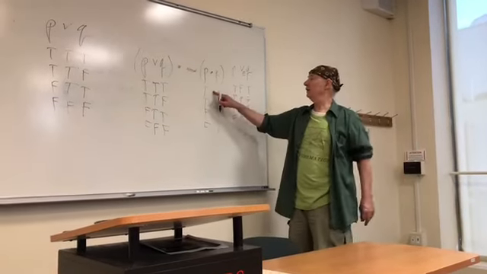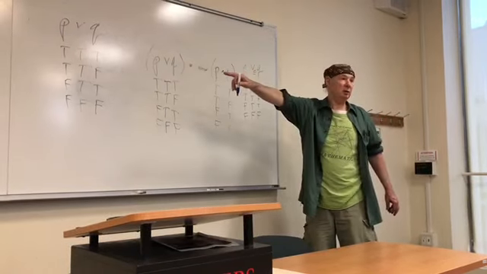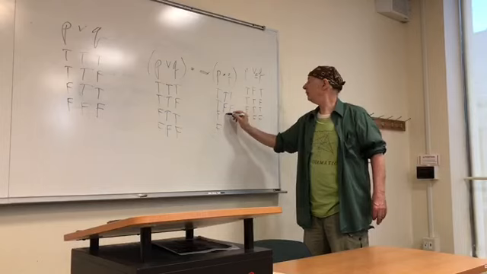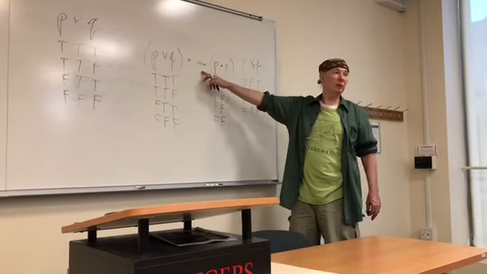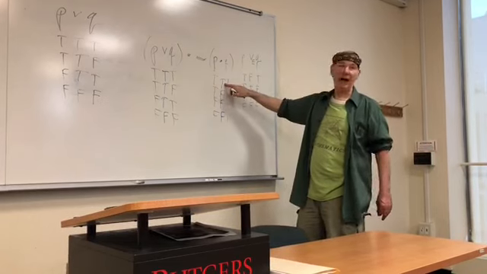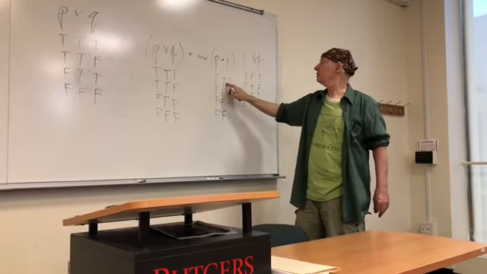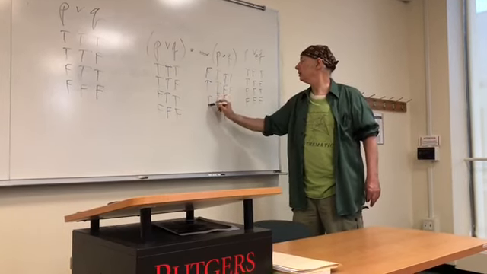So that's what we fill in first, the dot, and we just look at that truth table over there. T, F, F, F. And the squiggle reverses that column. So squiggle T is F, squiggle F is T.